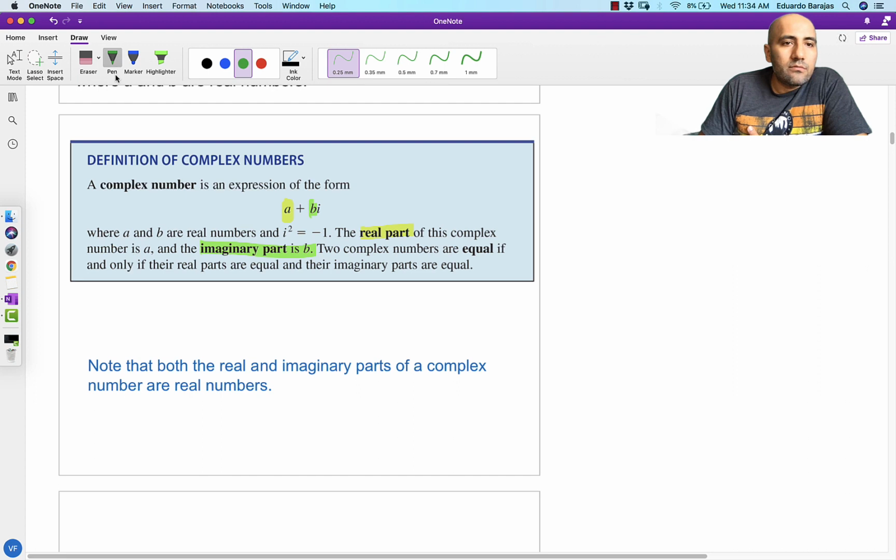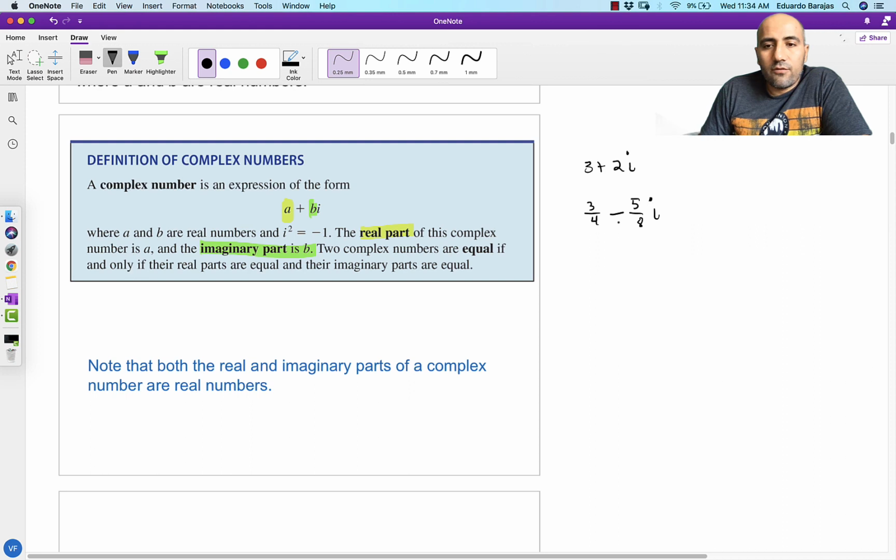So for example, just to write down some quick little examples of things that fit this form, we could have the complex number 3 + 2i. Then the real part's a 3, the imaginary part's a 2. Good. It could be 3/4 - 5/8 i.